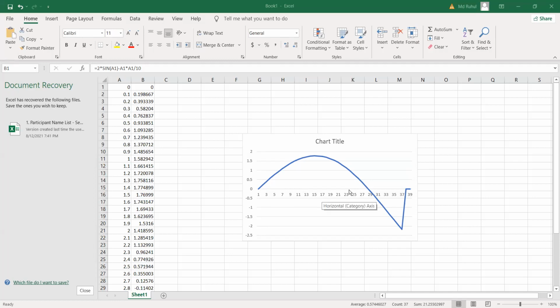The horizontal axis is not mentioned, but it is actually in the 17th or 16th row. If we go there, you see that the value of your x is somewhere between 1.4 to 1.5, isn't it? So this is where the real maximum will be occurring.